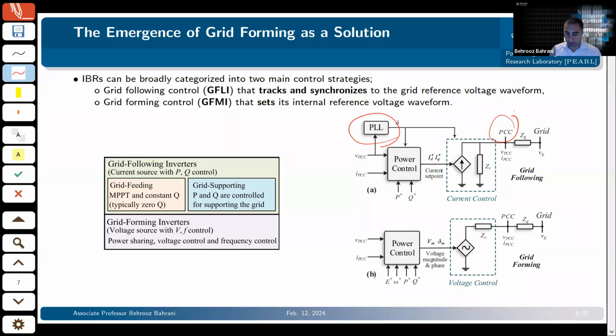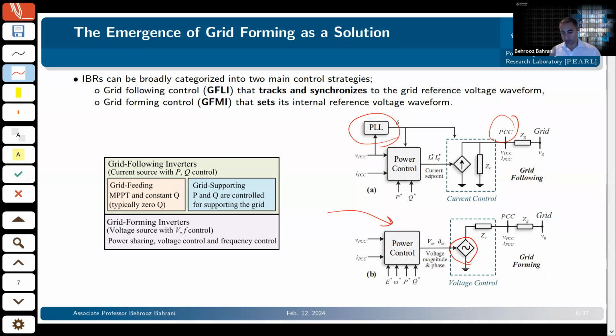Well, of course, you can expect a grid-following inverter to inject some reactive power to help with voltage control. Yes, that's a possibility, but it's got certain limitations. On the other hand, a grid-forming inverter you can look at as a voltage source. It does not really require the voltage at the point of connection for synchronization.